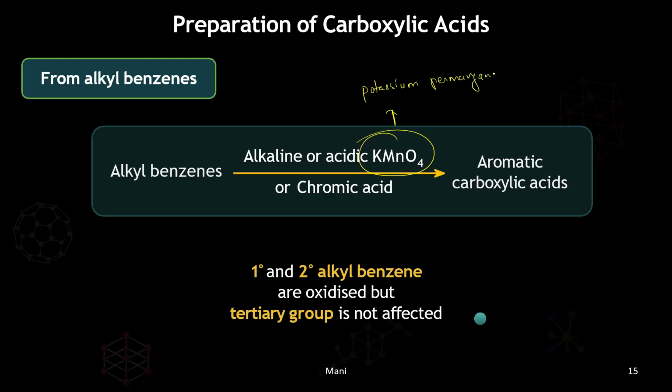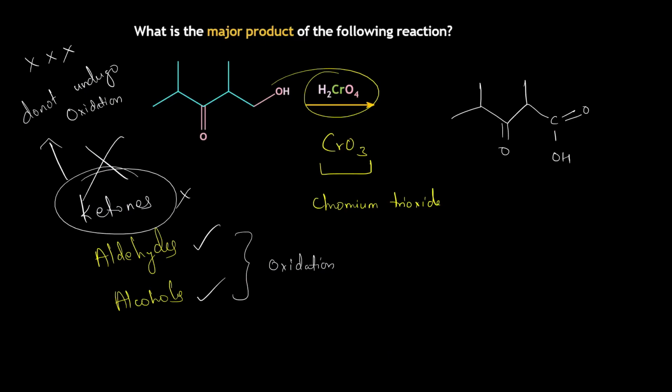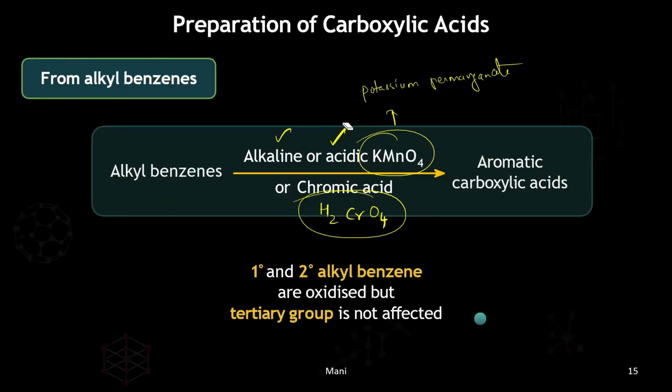This potassium permanganate can be in acidic condition or alkaline condition. Remember here. Or you can also use chromic acid, which is H2CrO4. Remember this. It's also a good oxidizing agent, and it will be converted into the aromatic carboxylic acids.